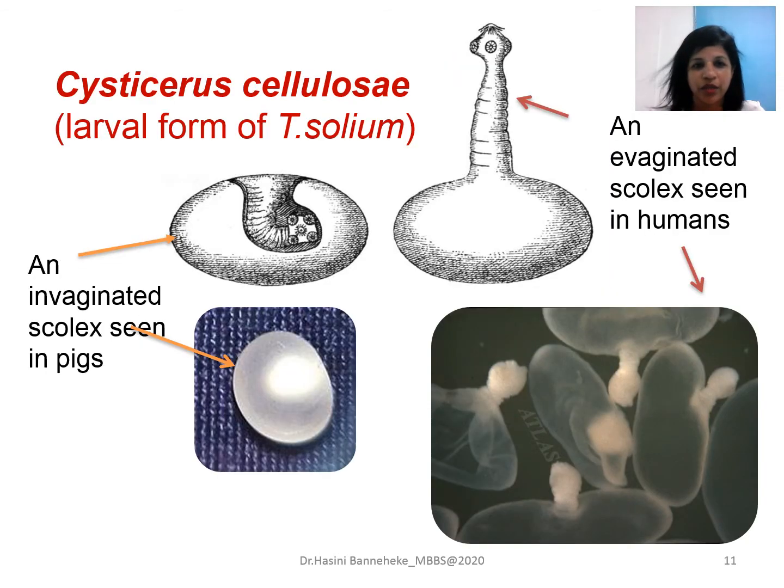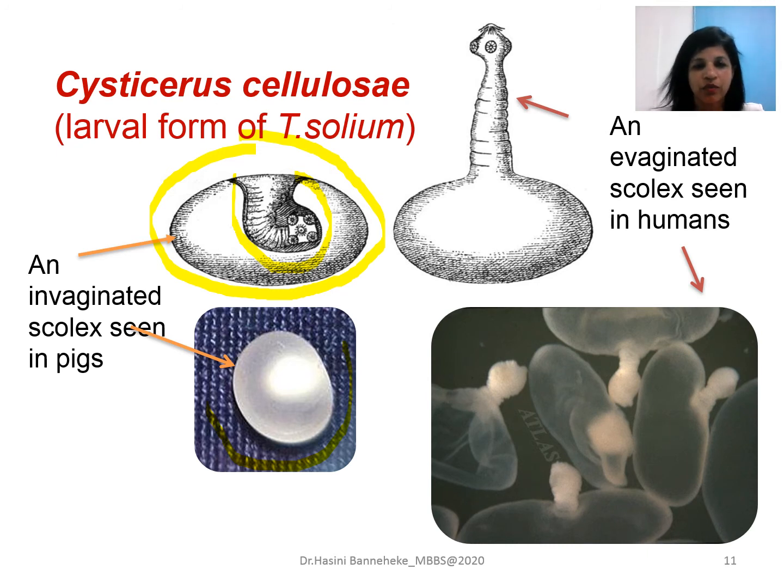Now this image shows you the larval form which is found in the muscles of the pig. It is called Cysticercus cellulosae. This is the usual naked eye appearance of it, and this is the diagrammatic representation. There you can see it has an invaginated scolex inside the cyst. So this is a fluid-filled cyst which has an invaginated scolex inside.